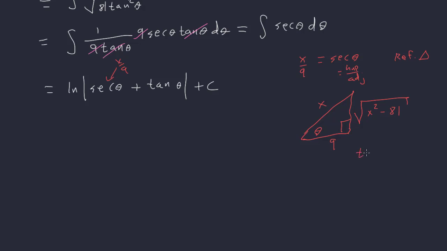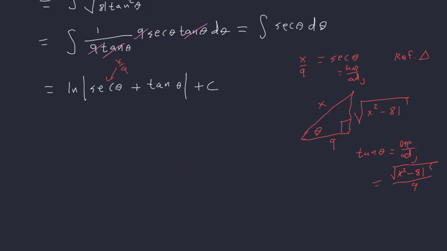Tangent theta, remember, is the side opposite over adjacent. So this will be the square root of x squared minus 81, and I should probably point out again that this is that same pattern that we started with. That should always happen. If it doesn't, again, something has gone a little off. And then over side adjacent, which will be 9.